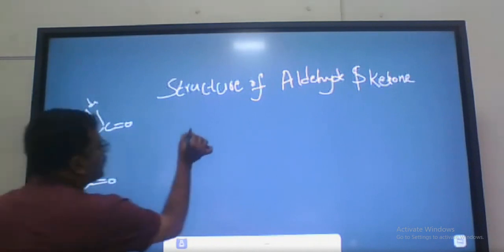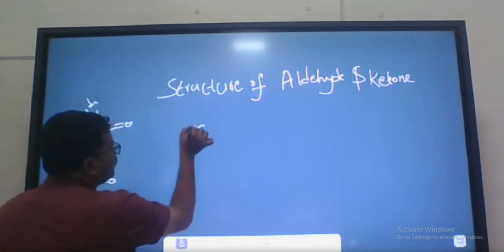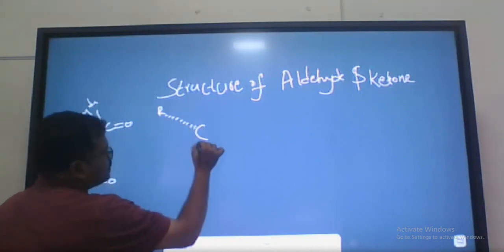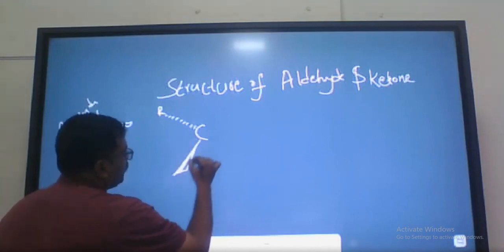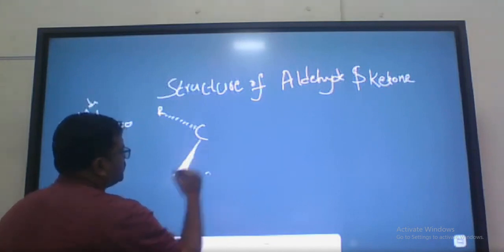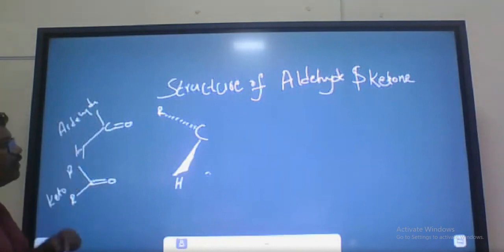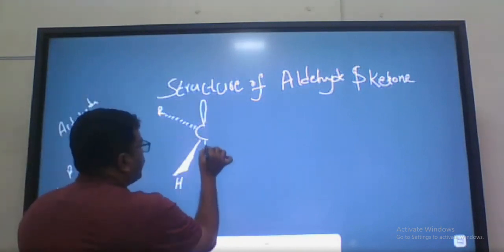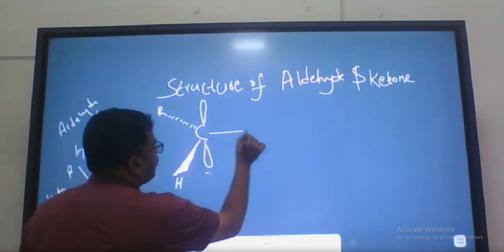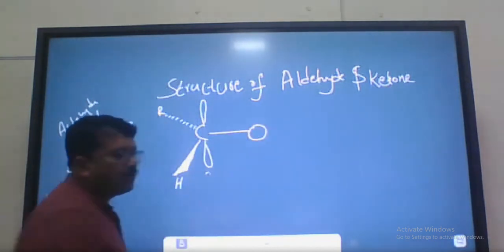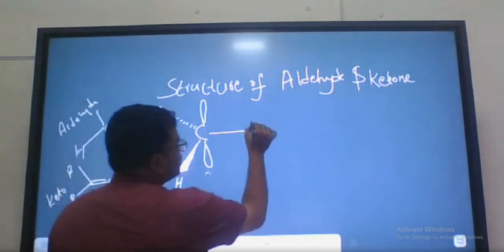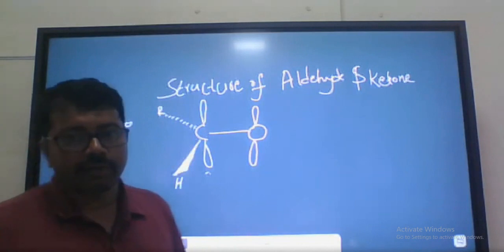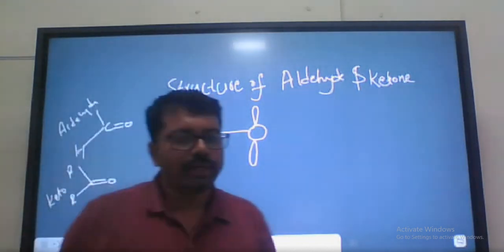So this is carbon, this is below the plane, and this hydrogen, aldehyde hydrogen, is above the plane. One empty p orbital, and this is oxygen p orbital.